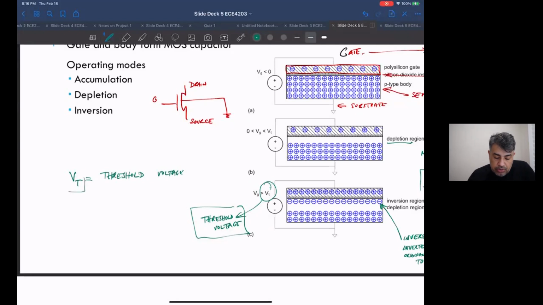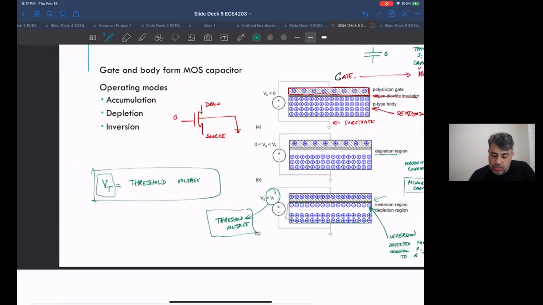But the threshold voltage of a MOS transistor could be 300 millivolts, 800 millivolts, or 1.2 volts. They can tune it by the doping concentration and the thickness of the gate, etc. It can also vary a lot across manufacturing. One time you get wafers with a threshold voltage of 400 millivolts, another time you get a set of wafers with 300 millivolts. It can vary. So that's by definition a threshold voltage.